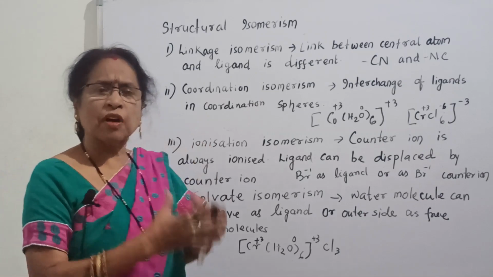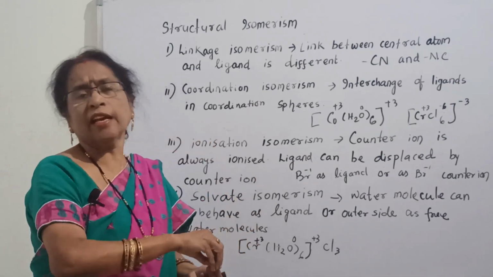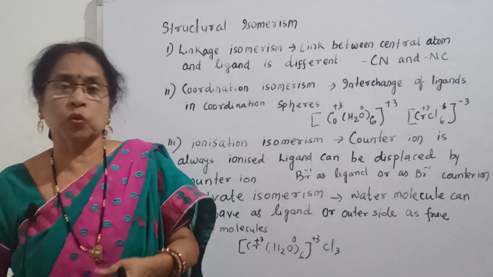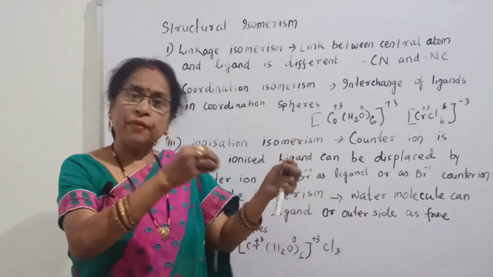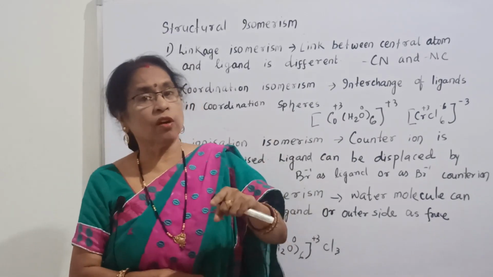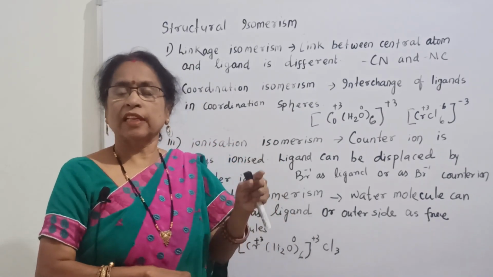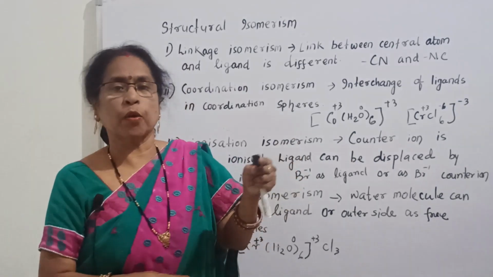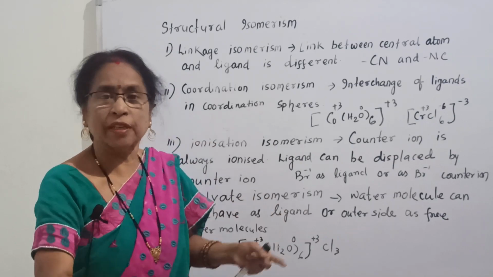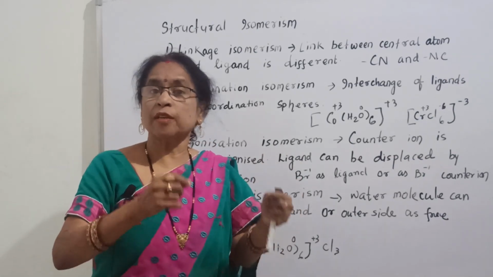That means what is the water molecule present inside the coordination sphere, and what is the water molecule present outside the coordination sphere? What is the difference between the two? If a water molecule is inside the coordination sphere, it is a ligand. That is aqua. But if the water molecule is present outside the coordination sphere, it behaves only as a water molecule.